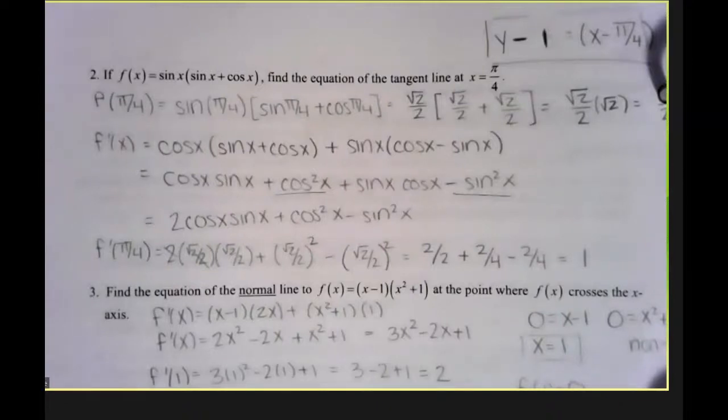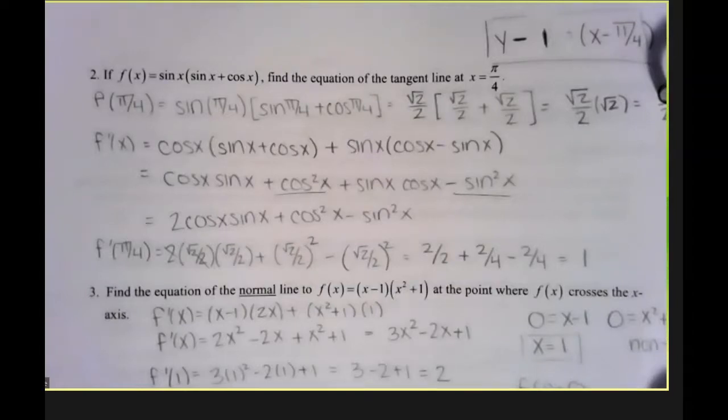So again, for this problem, in order to find the equation of the tangent line, you needed to plug in pi fourths to the original function to get the y value of 1 when x is pi fourths, so that you could do y minus y1 equals the slope times x minus x1. Then you had to find your derivative.